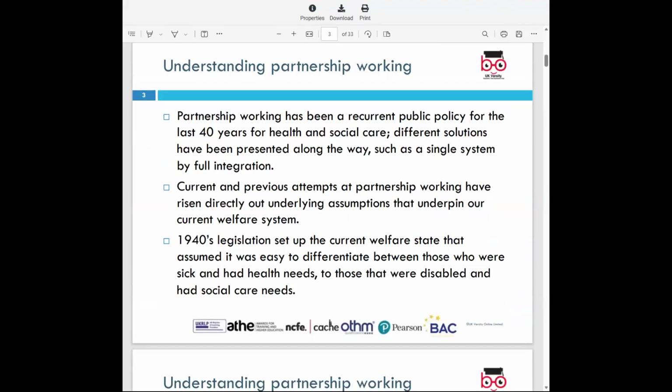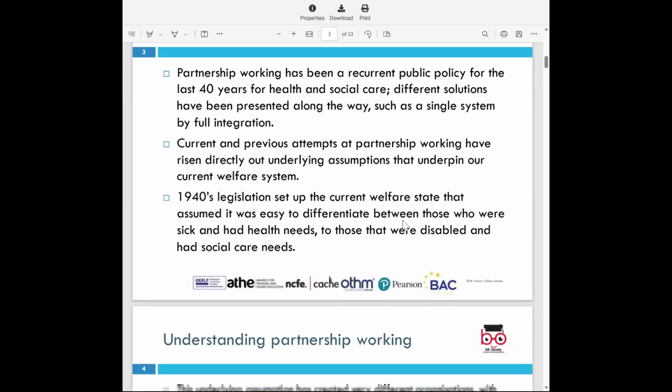In the 40s, legislation set up the welfare system, differentiating between people who are disabled and people who require more assistance.